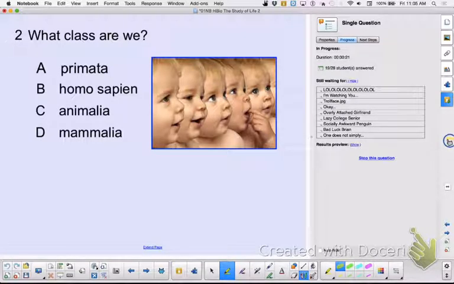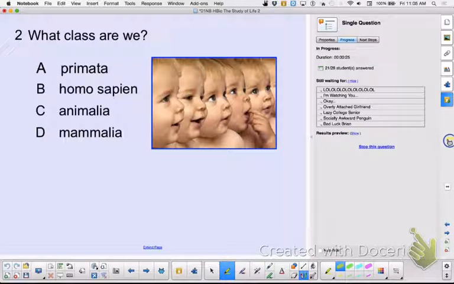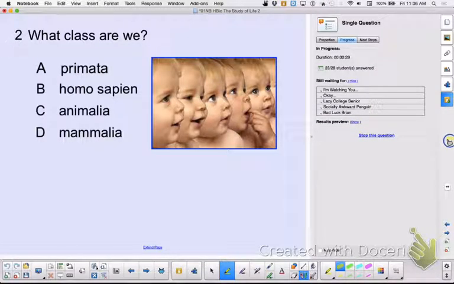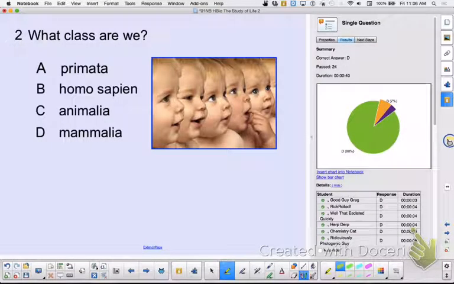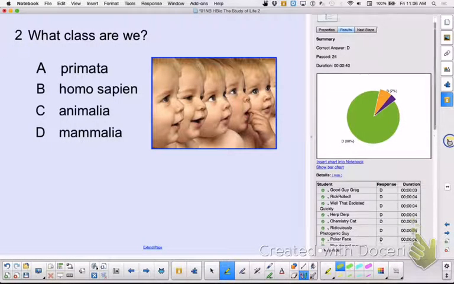Okay? I like the babies. It's a nice touch. Adds a little more to the slide. Let's go lazy college senior, socially awkward penguin. Oh, they might be gone. Maybe they're bandalicious. Oh, that's probably true. Then why are more than one of them submitted? I pressed the wrong button.